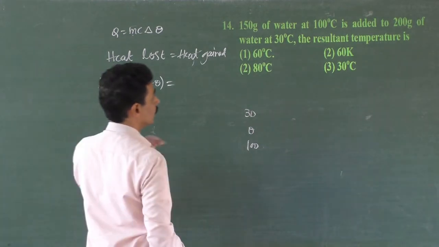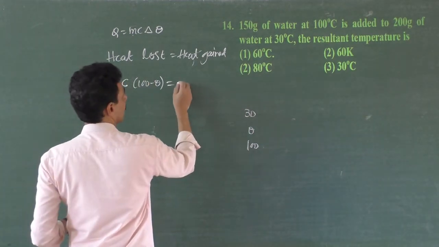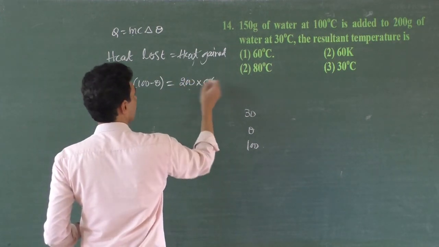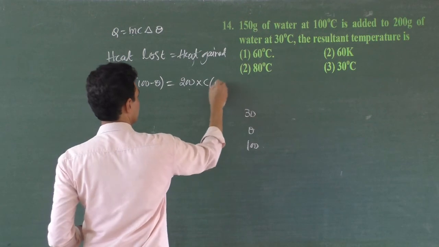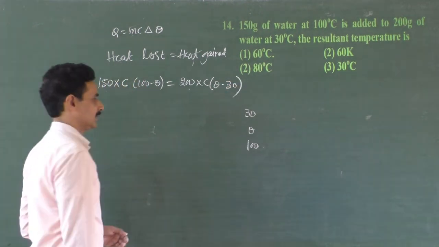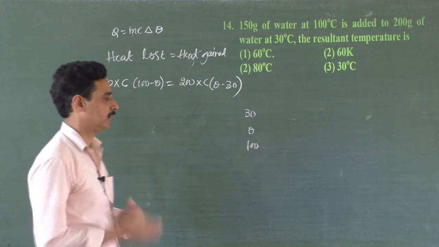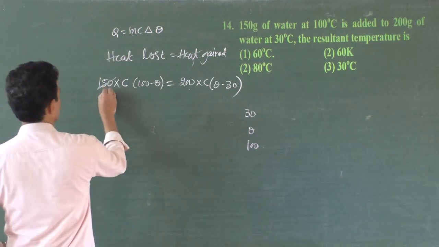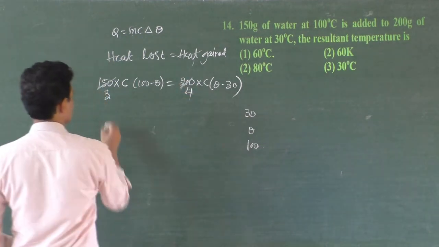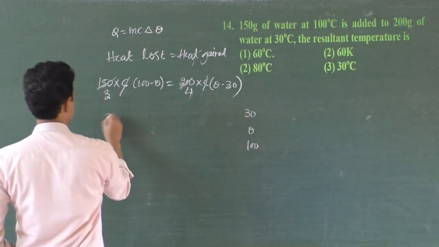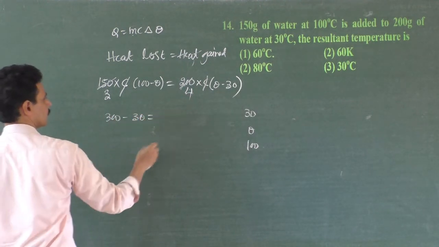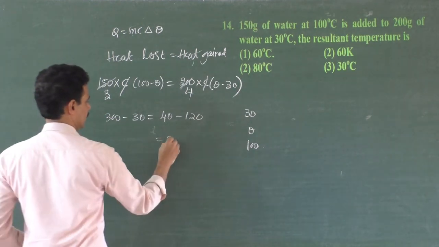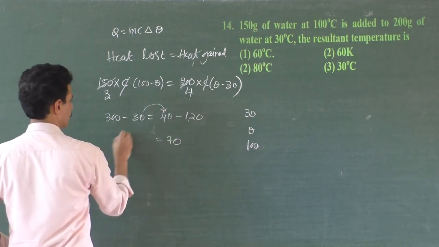Heat gain, who will gain? Cold water, 30 degrees Celsius. That is how much gram? 200 gram. Specific heat C, but it gets heated. Theta minus 30. Theta is higher, 30 is lower. So what is the answer now? 3 times, 4 times, C getting cancelled. 300 minus 3 theta is equal to 4 theta minus 120. 7 theta is 420.